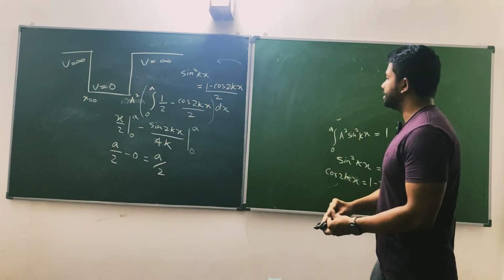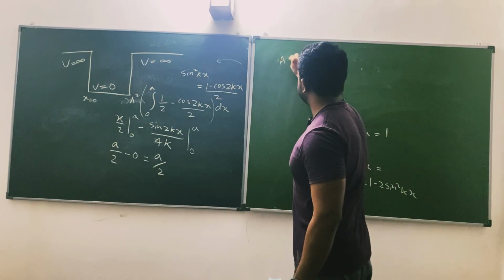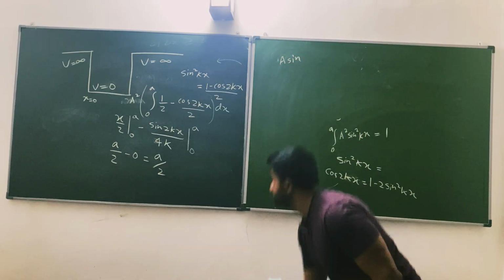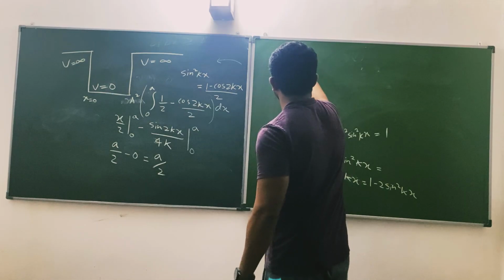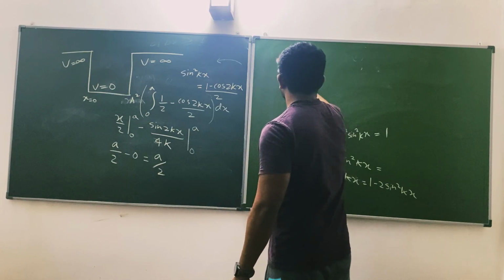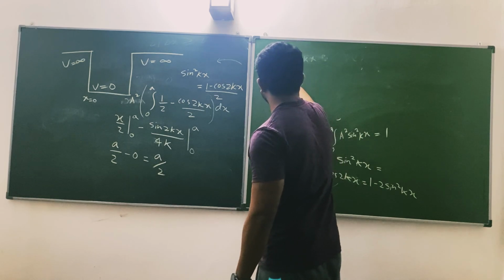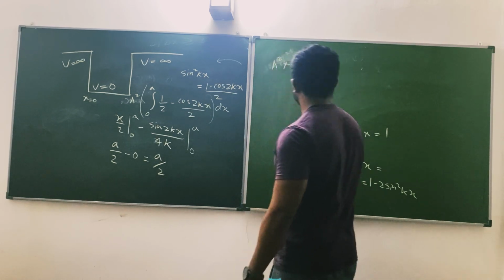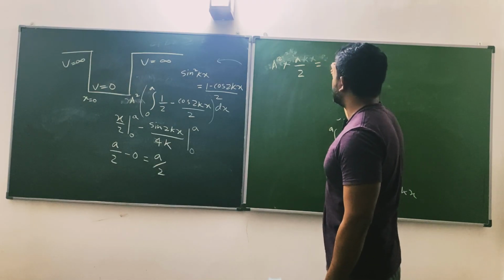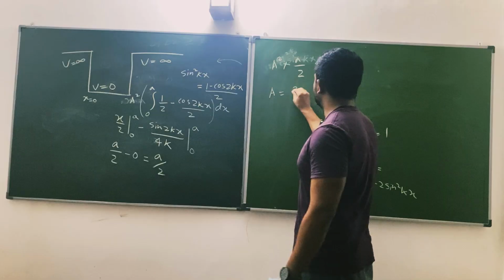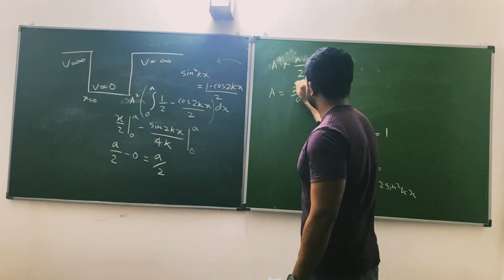I know what it is now. The equation is a squared sine squared kx, and now a squared times a over 2 is equal to 1. So A would be equal to 2 over a squared, right?